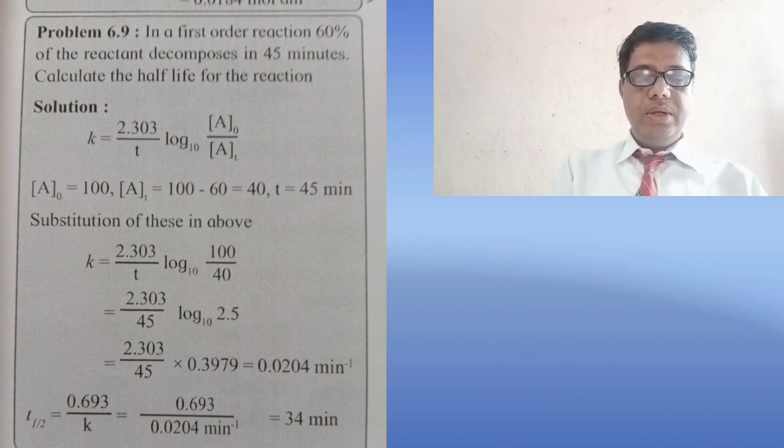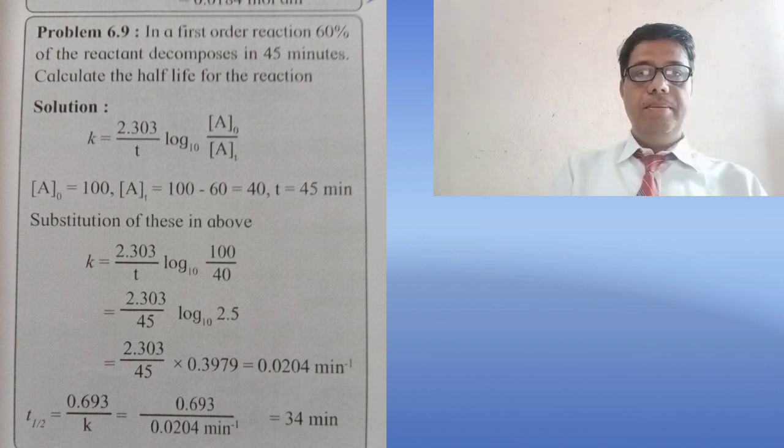If the percentage is given, the initial concentration will be considered as 100%. 60% of the reactant gets consumed in 45 minutes, so the remaining at time t will be 100 minus 60, which equals 40.